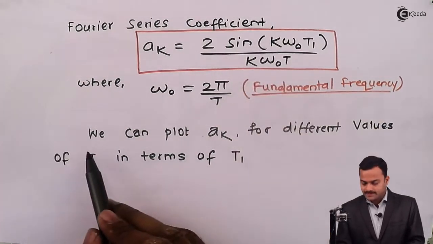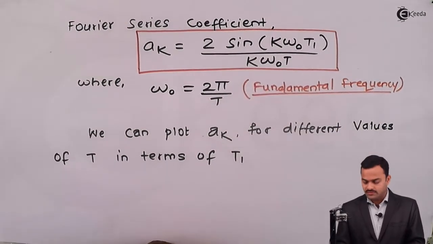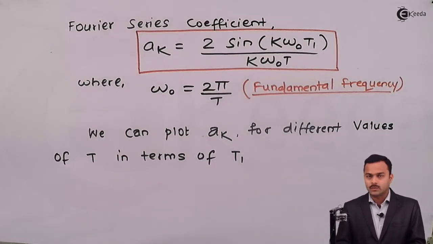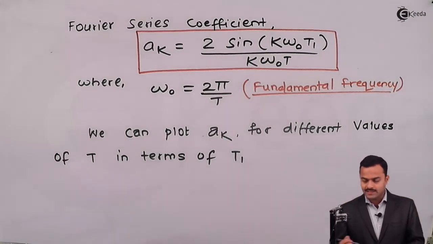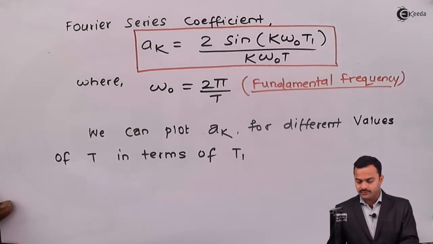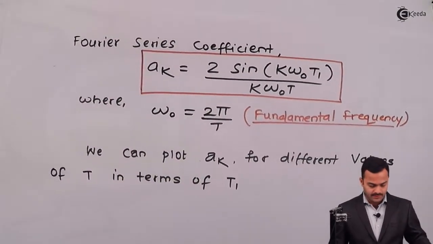We can plot this Fourier series coefficient for different values of T in terms of T1, meaning I can have T as 2 times T1, 4 times T1, 8 times T1, and so on, giving the ratio of T to T1.